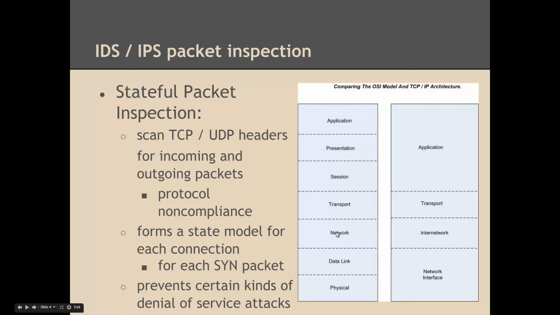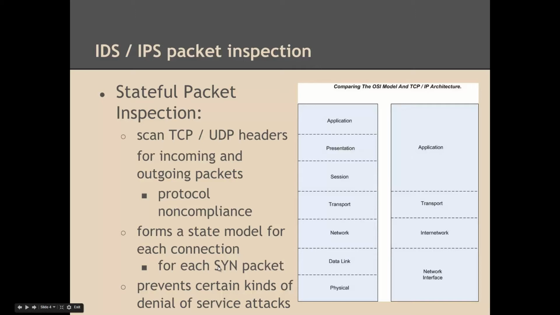For TCP, since the flows go back each way and there's a handshake, the flow is really just one way. For TCP, the stateful packet inspection begins on each SYN packet.